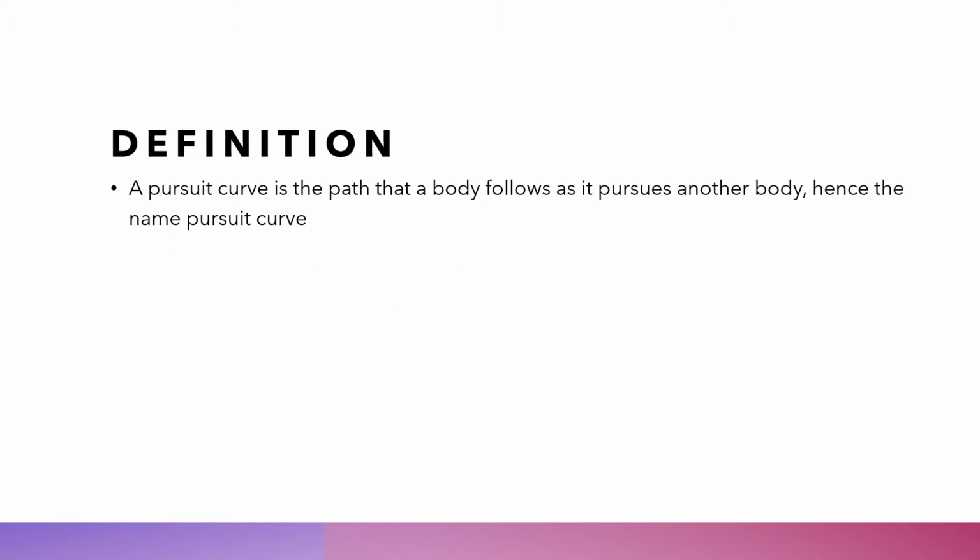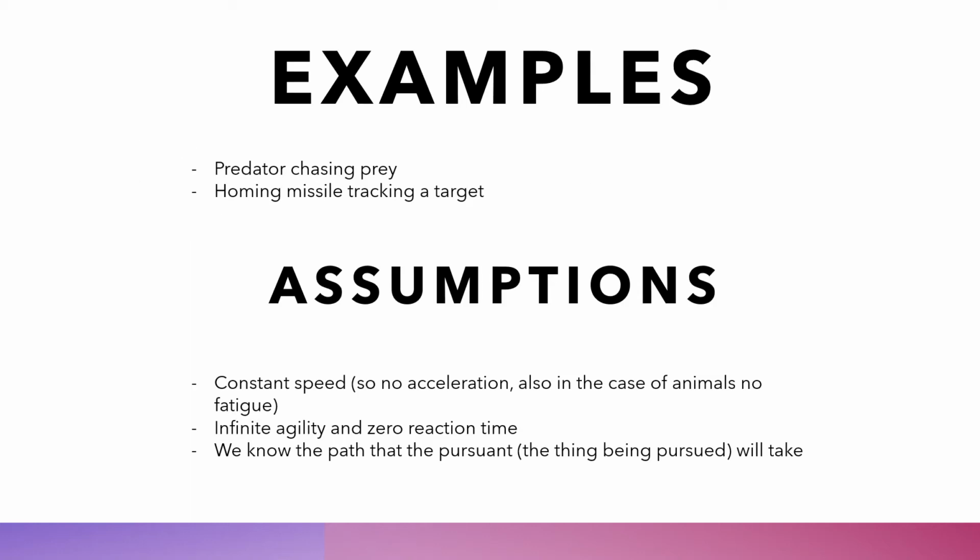The definition of a pursuit curve is the path that a body follows as it pursues another body. That's why it's called a pursuit curve: it's literally the path something follows as it pursues something else.